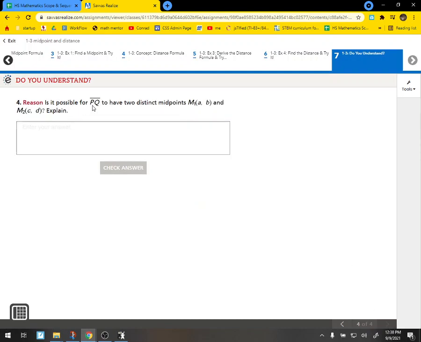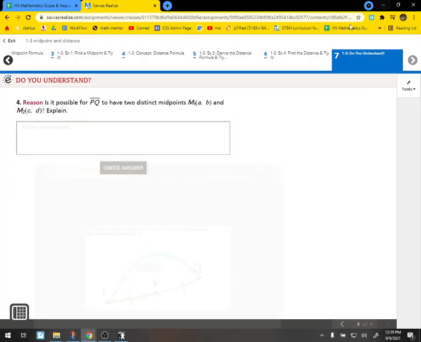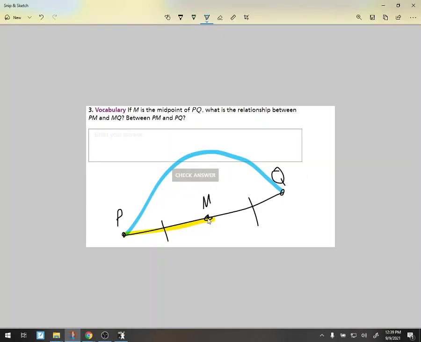Is it possible for PQ to have two distinct midpoints that are different from each other? This is kind of a heady question, but could you have an M and then a different M that was a different point but was also a midpoint? If we're talking about a line segment, the problem is it needs to be on the line segment to be a midpoint.